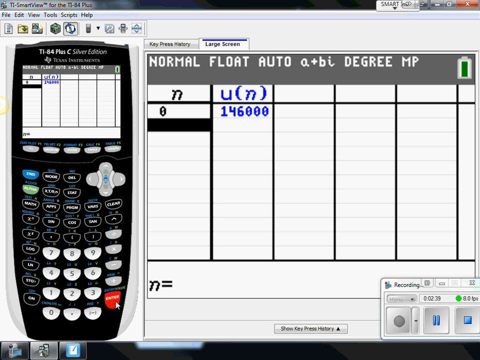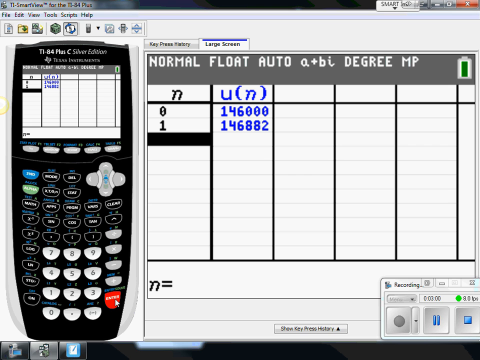Obviously, that's $146,000. 1 month. And the amount went up because, remember, we didn't put a payment in yet. So we need to play around with different payment amounts so that this will start to go down instead of up. Here, the interest rate is making the balance go up or increase.